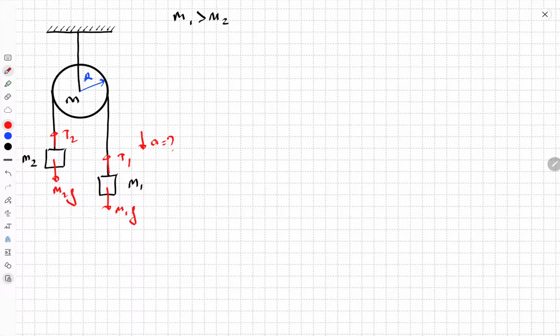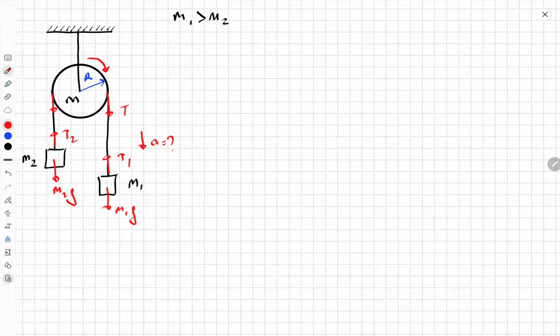How can we understand that the tensions are not equal to each other? Basically, we need to pay attention to this pulley. We know that this pulley rotates in this direction. In order to rotate it, the forces at this side and at this side should be different. Otherwise, it will not rotate.